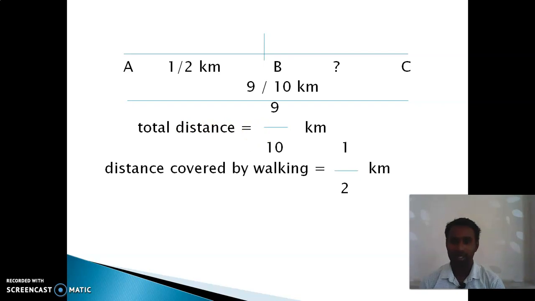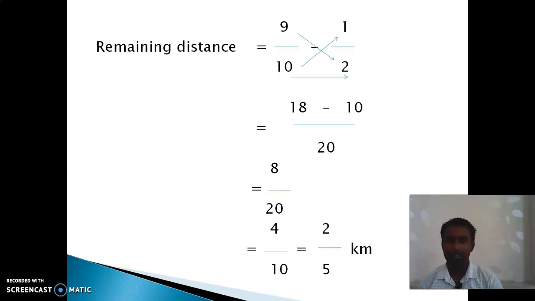Next, distance covered by walking. By walking, how much distance she covered? Half kilometer, right? So next, what will be the remaining distance? They asked the remaining distance. So 9 by 10 minus 1 by 2, right? Because we have to subtract from the total how much distance she covered by walking.